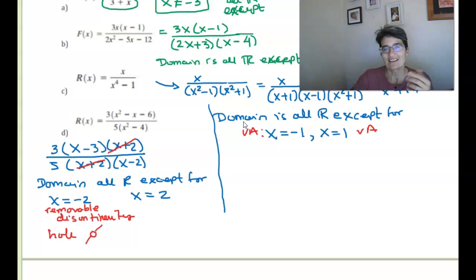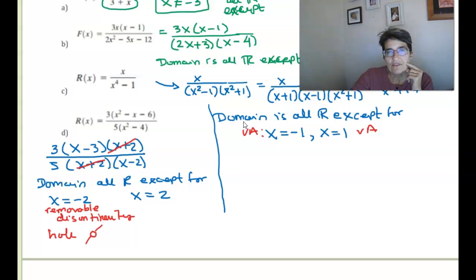There's a hole there because x equals negative 2 is not in the original domain of the function, but because we could cancel it, the function is actually not going to go to positive infinity or negative infinity there, so a vertical asymptote does not occur.